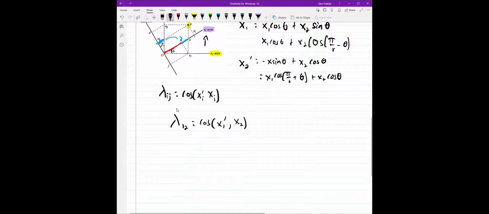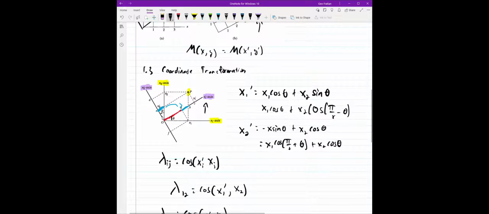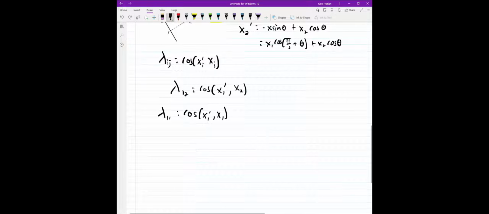As an example, lambda 1,1 is equal to cosine of x1 prime, x1, which we already know is between this axis and this axis, right? Which is just theta, or cosine theta, sorry. And that's just equal to cosine theta, because it's cosine of the angle between them, which is theta.